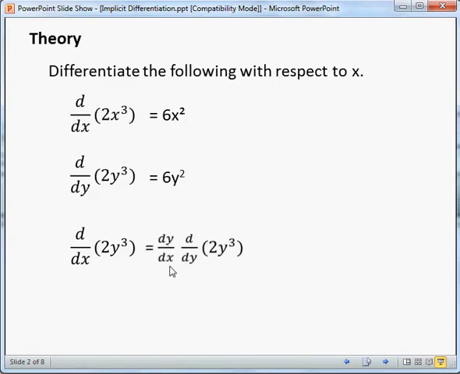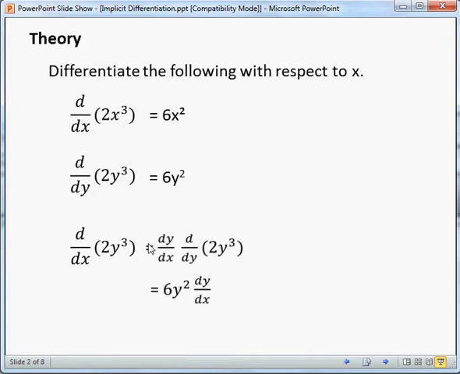So dy/dx times d/dy of 2y cubed will give me the answer I'm looking for. The derivative with respect to y of 2y cubed is 6y squared, and then I've got to multiply by dy/dx. Okay, that's one way of viewing it.